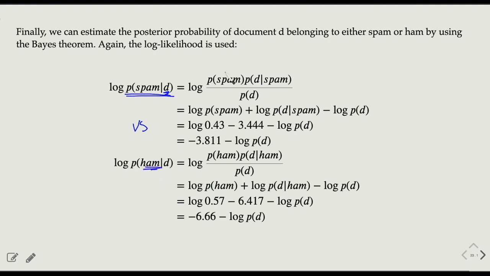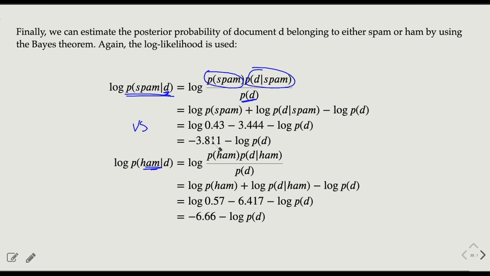Okay, and so we can plug the numbers back in. We know the P of spam, we know the P of D given spam, which is the product of the individual probabilities. Okay, P of D is something that we have not computed, but it doesn't matter here.